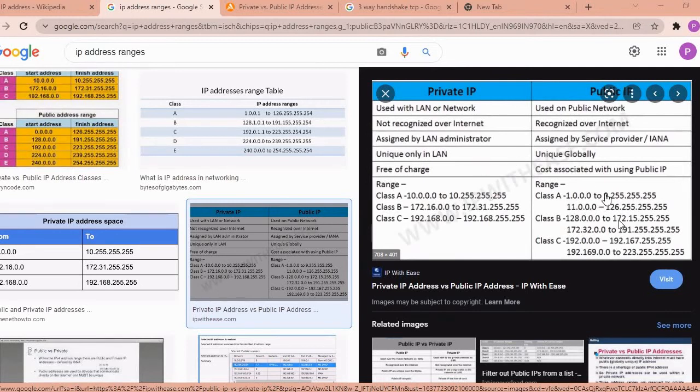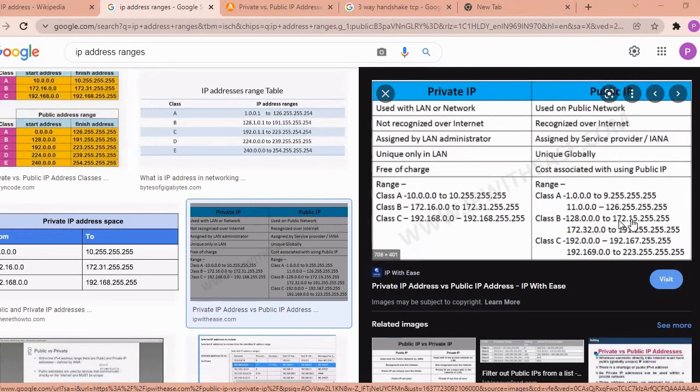So here it is completed to 9, but 10 is starting for private. You can see here the whole 10 range is assigned to private IP address. Then again it's starting from 11 to 126. 127 is reserved. Then again it's starting from 128 to 172.15.